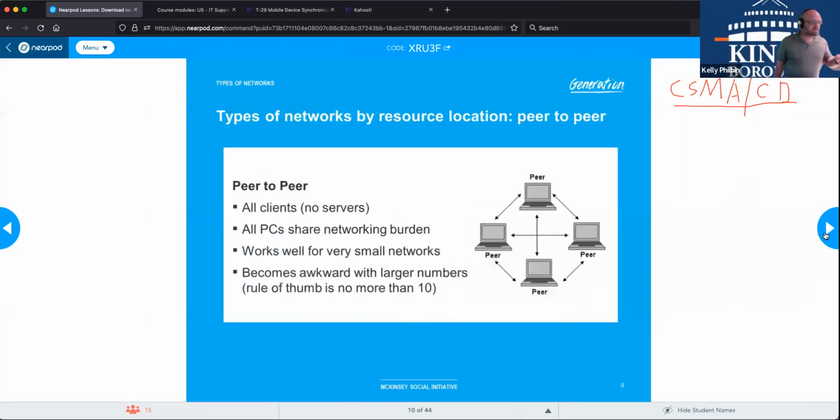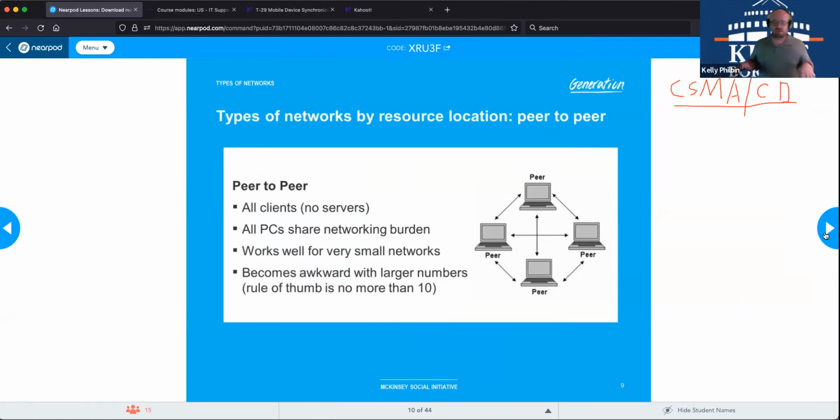So, different types of networks that we can utilize. First one is called peer-to-peer. Basically means everyone is equal. There are no servers. We all connect directly to each other. We all share the networking burden.